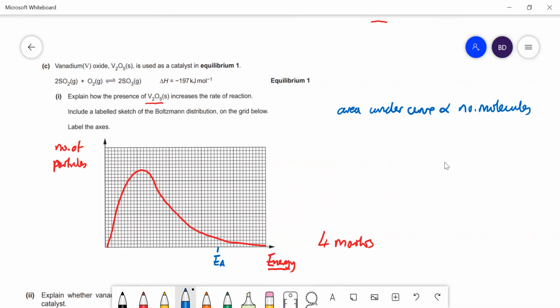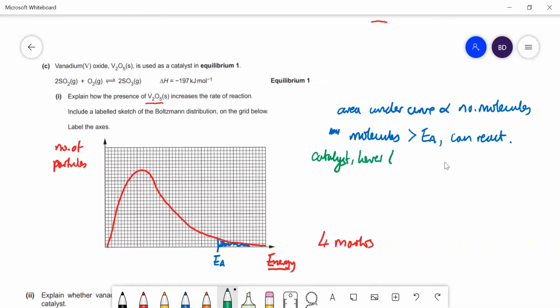Okay, so the area, that blue area, is proportional to the number of molecules with energy greater than the activation energy. So in other words, they're the ones that can react when they collide. Right, if you use a catalyst, you're going to lower EA. It gives an alternative route with a lower value of EA.